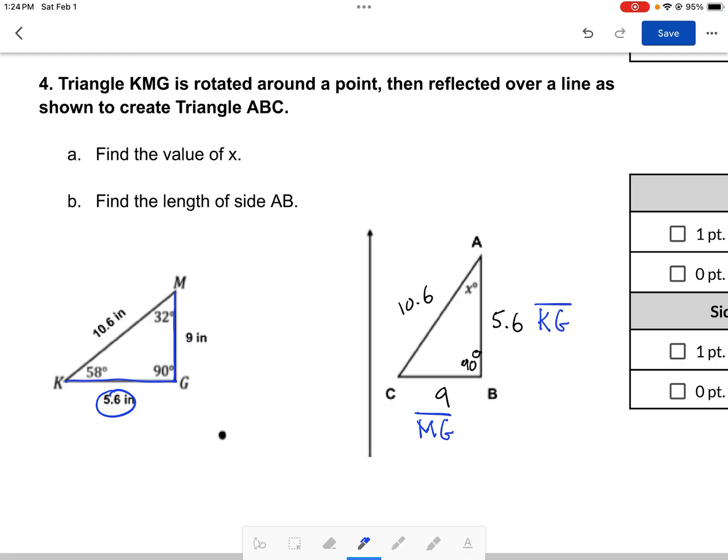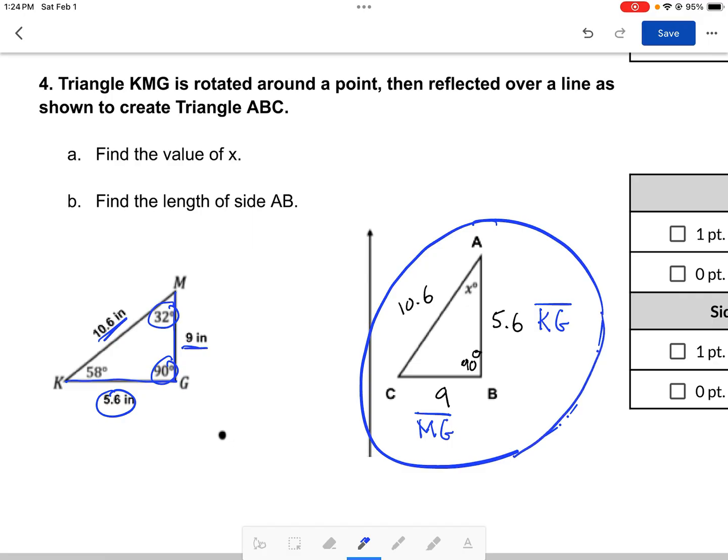If you notice, this 90-degree angle here and this angle, 32 degrees, is in between my 10.6 inch side and my 9 inch side. So on this triangle, my 10.6 inch side is here and my 9 inch side is here.